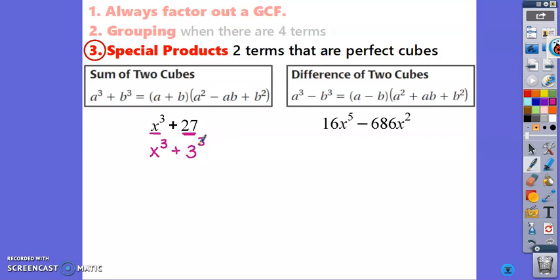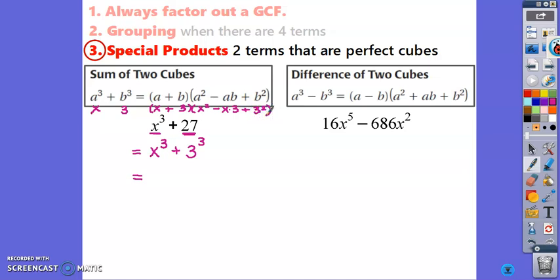So this is the same thing as x cubed plus 3 cubed. And it says that if we have something cubed plus something cubed, then that would equal the something plus the something. Are you with me? The something squared minus the something times the something plus the something squared.